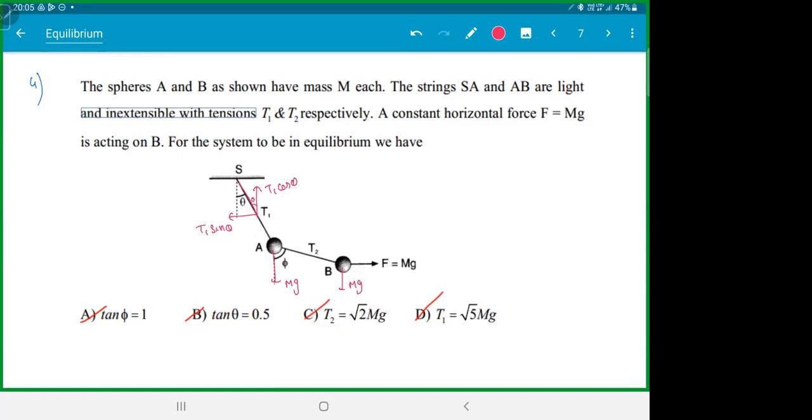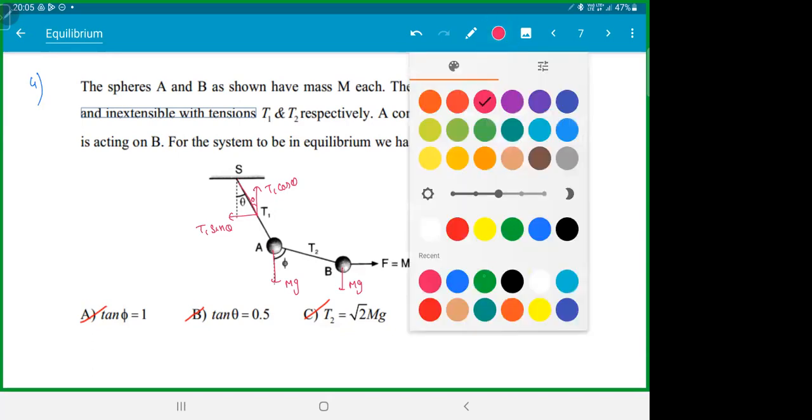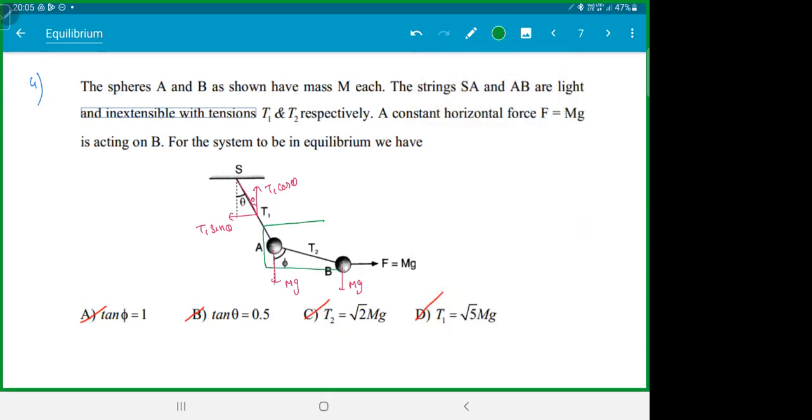Agreed? Now tell me one thing, forget about all these things here. If I just look at it like this, T1 cos theta is balancing whom? It is balancing this one and this one. So T1 cos theta is balancing 2mg. Agreed? If you just look at this, T1 sin theta is balancing whom? F, right? Which is mg.